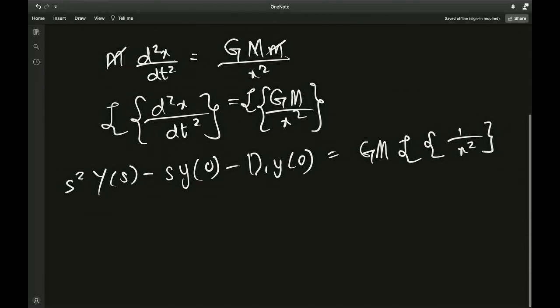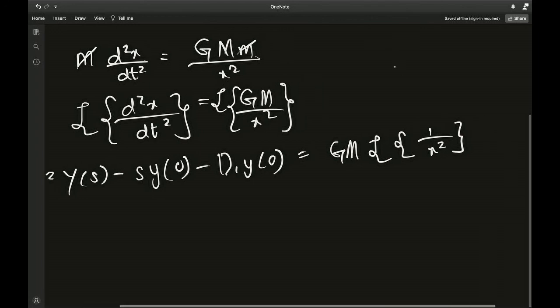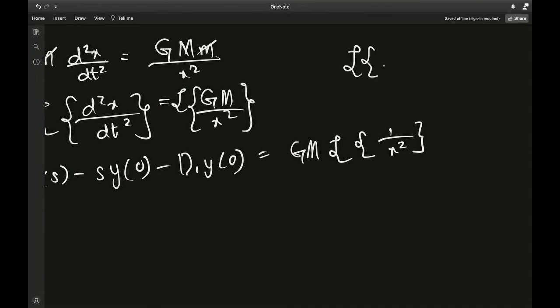Well, the issue here is that the Laplace of a negative power is not defined, because the Laplace of a power, if I remember the formula correctly, say Laplace of t to the n, was just s to the negative n plus 1 over gamma of n plus 1.